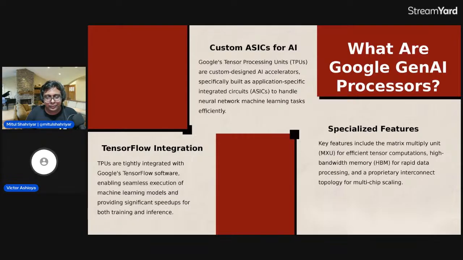Anyway, the key specialized features include the matrix multiply unit, MXU, which handles the matrix computations. As you know, these neural networks are basically dense matrix multiplication units, and this is what we have for TPU, the MXU, right?